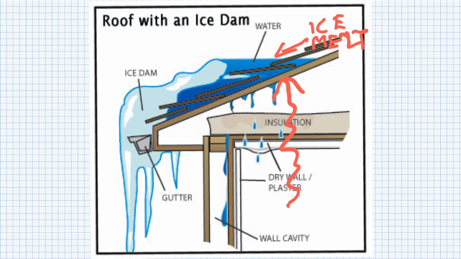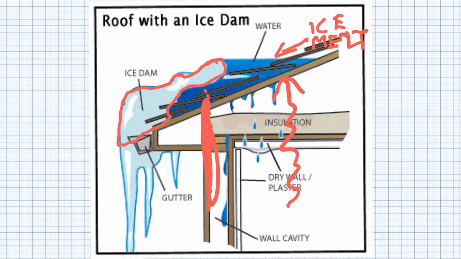It will flow down, but then when it comes to this point at the exterior of the wall, the heat rising from the building is no longer melting the water. So this water freezes and creates what's called an ice dam.